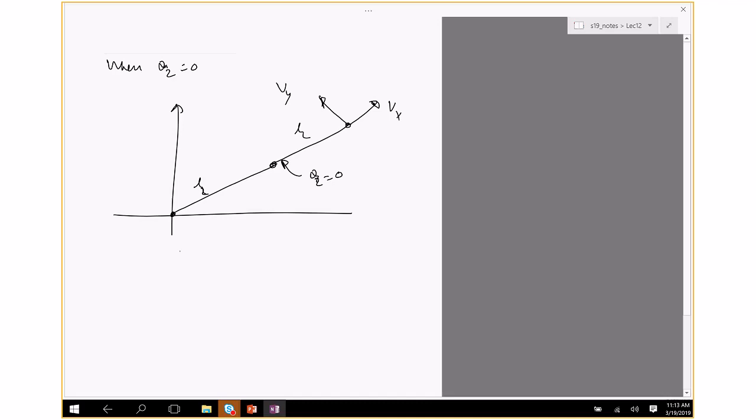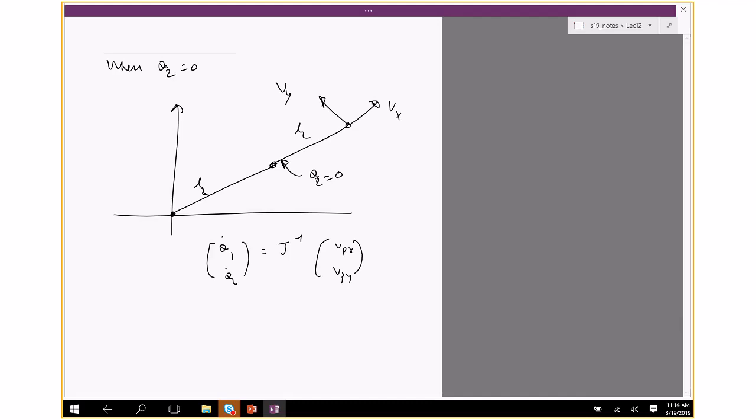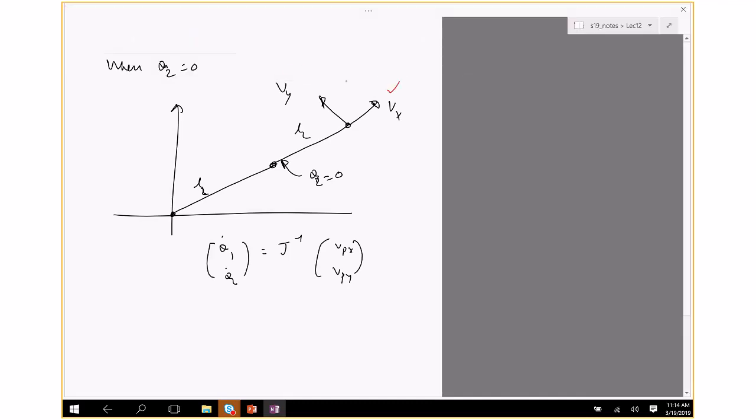What the Jacobian is doing is finding theta 1 dot and theta 2 dot given VPX, VPY. We're given these, and we want to find theta 1 dot, theta 2 dot.